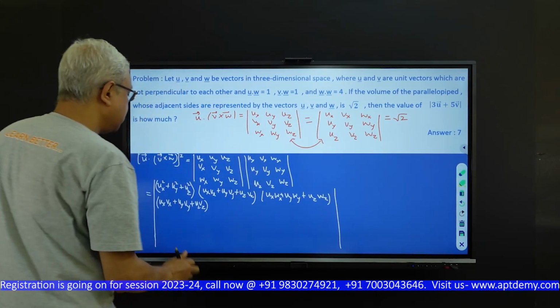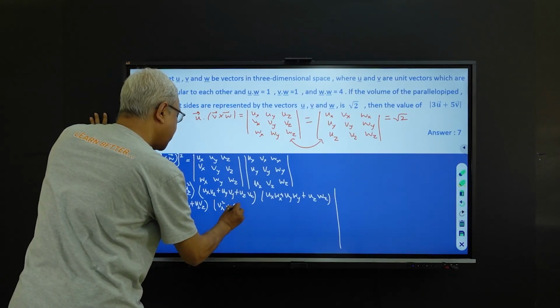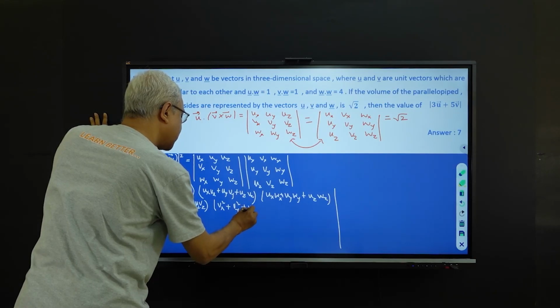Second row, second column is Vx square plus Vy square plus Vz square.